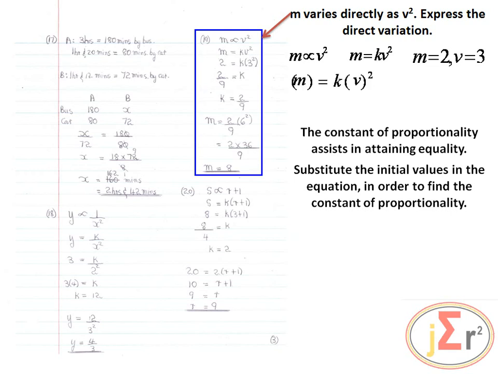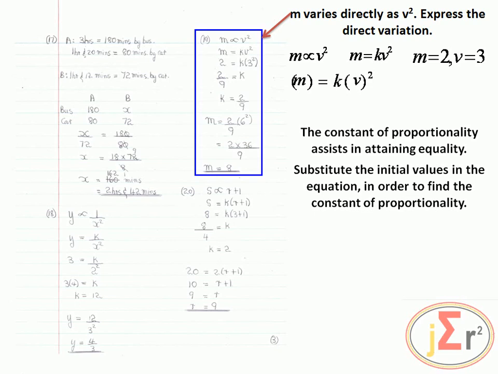So, substitute those in the direct variation problem. Notice that we have m is equal to some constant times v squared. That is our equation, and we need to make a substitution in order to determine the value of k.